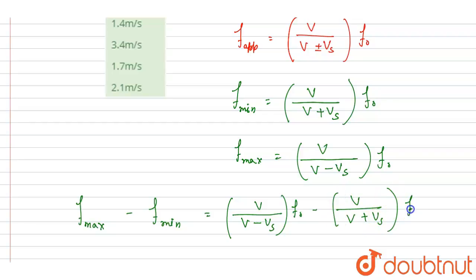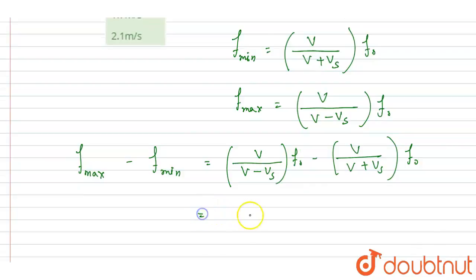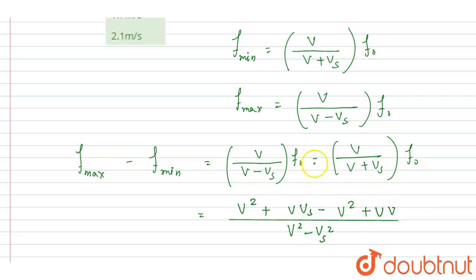It is said that the difference is 2% of the natural frequency, right? So this f naught is the natural frequency. If you subtract them, you get v square minus vs square in the denominator, and the numerator is v times (v plus vs) minus v times (v minus vs).